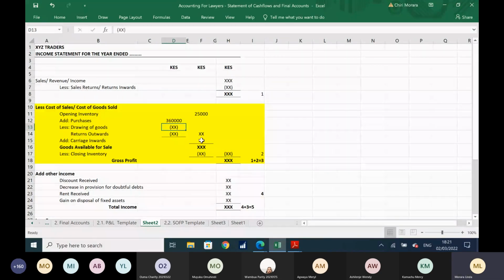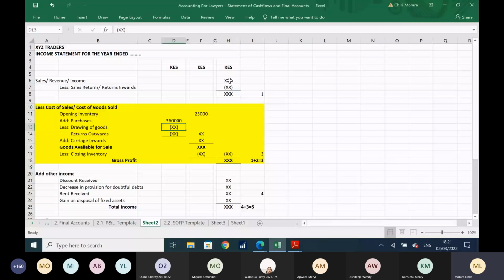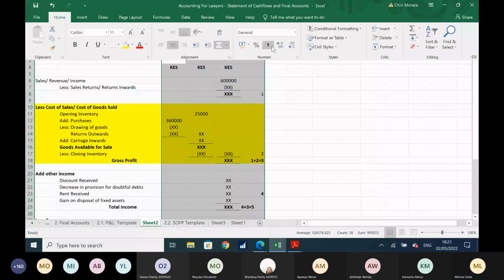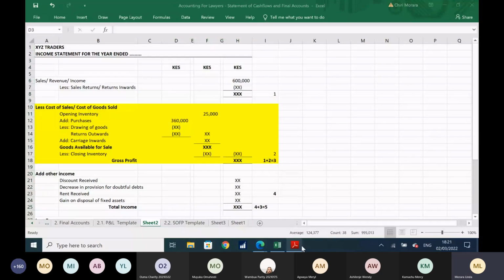After that, we move on. Our sales is 600,000. So our sales here is 600,000. Okay, we are done with the purchases and our expenses.